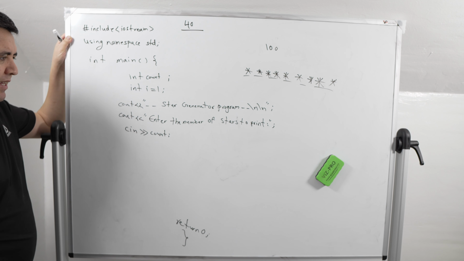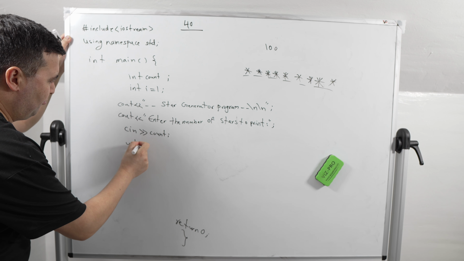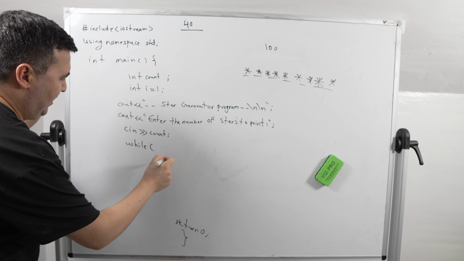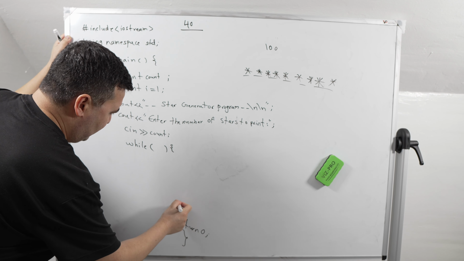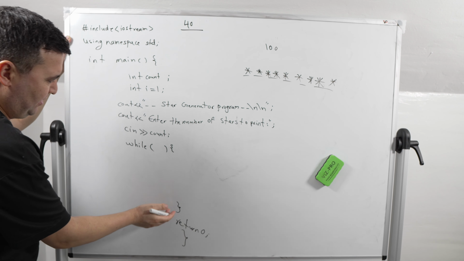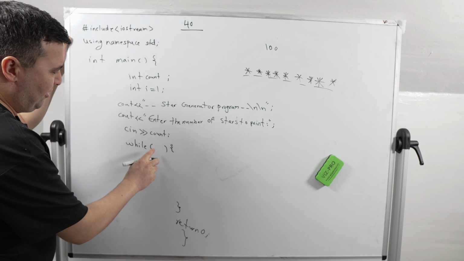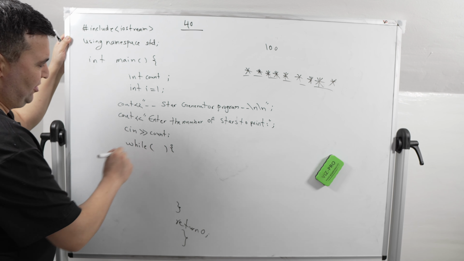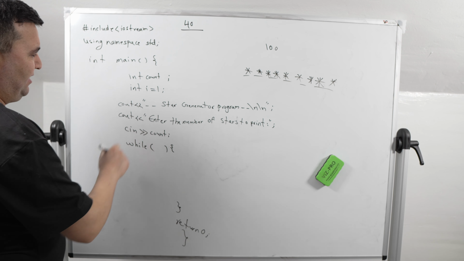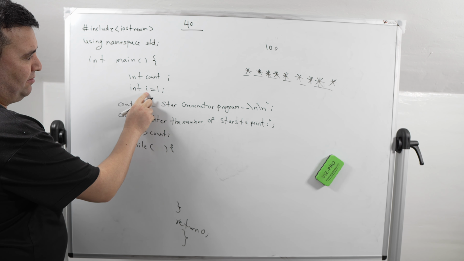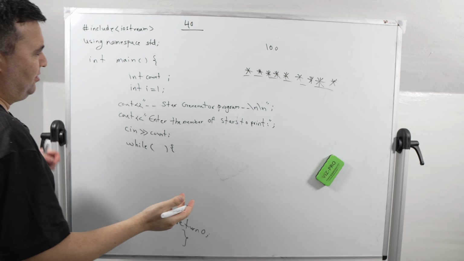Count. And now it is time to use the while loop. So I write while, and I have to open the curly braces for the while and close the curly braces. So this is our while block. And here I need to define our condition. If the user enters 10, we started from 1, so it should go through to 10.